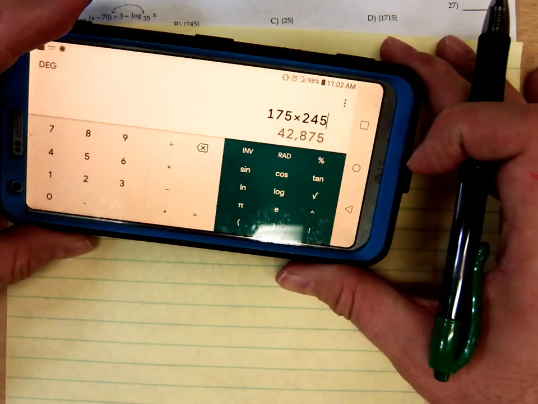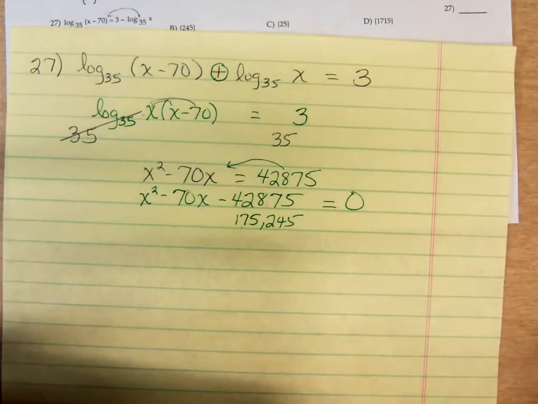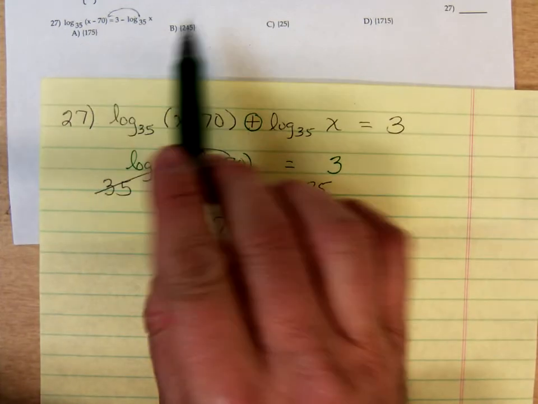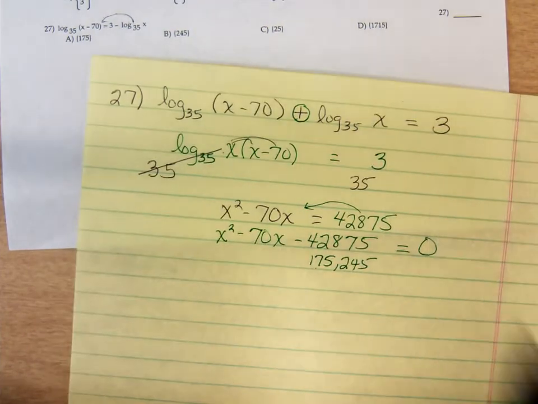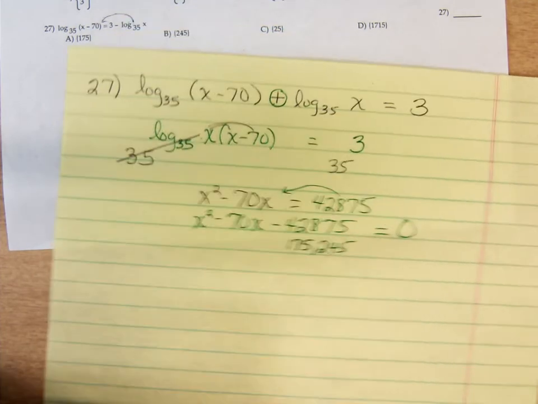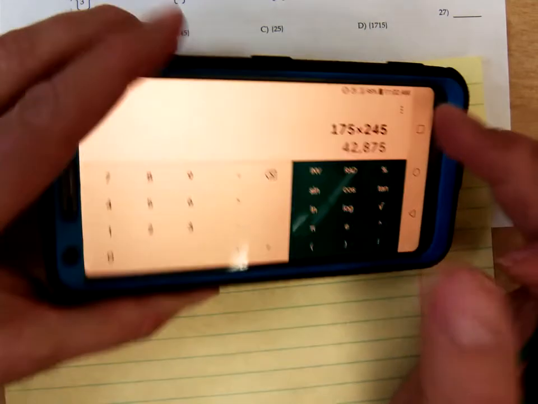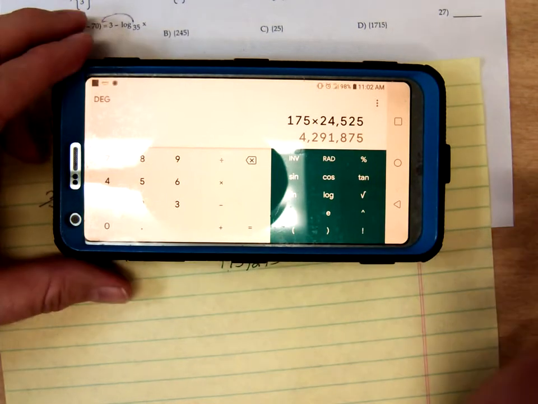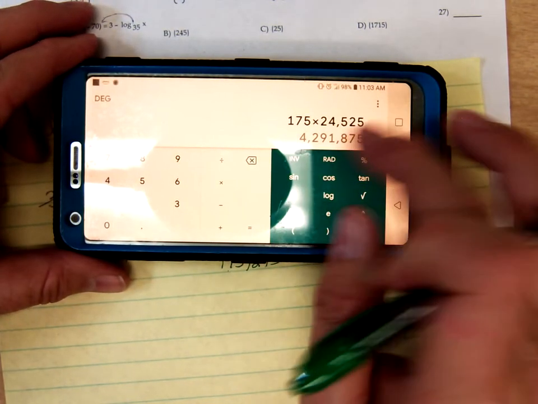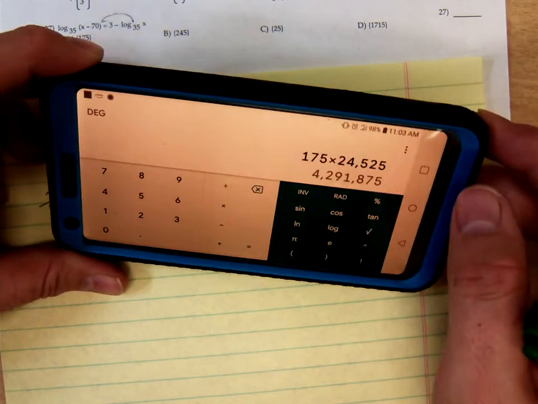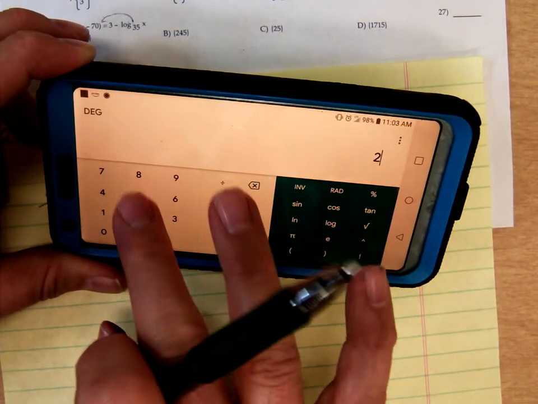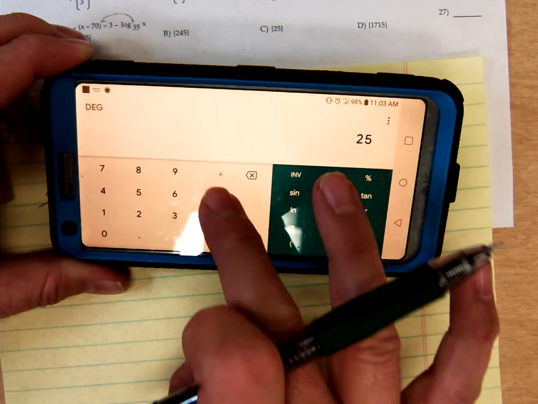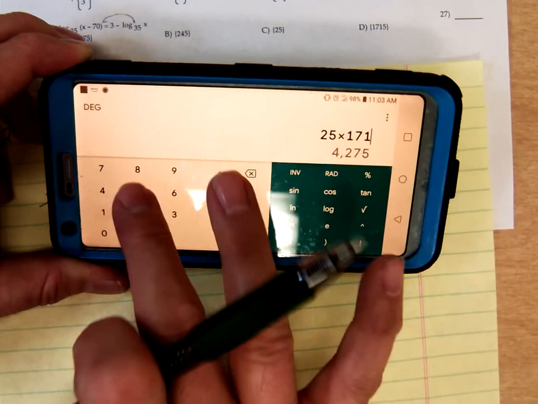So that's two of the numbers listed here. I bet the other two also multiply together to get 42,875. Let's see. 25 times 1715. Those are the other two numbers that were solutions.